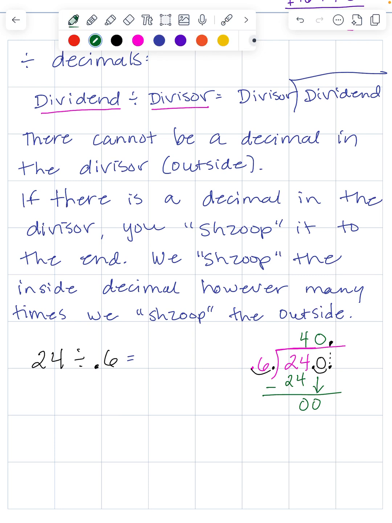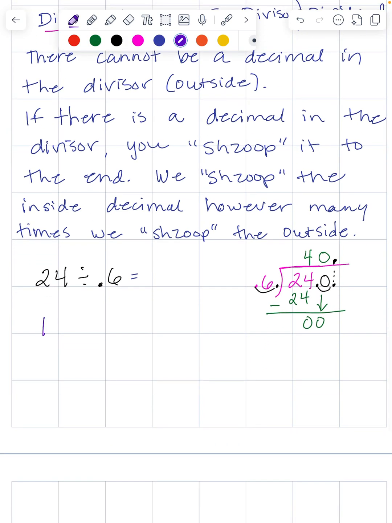Let's do one more of these and then we'll be finished. Let's try 1.25 divided by 0.75, okay? Ooh, that's gonna be too easy. Sorry.